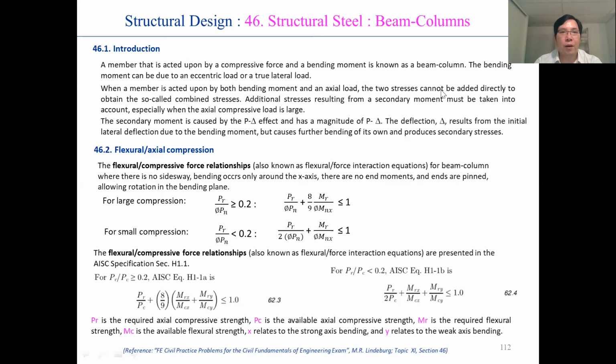So in this part, I show you some equations for the calculation of axial compression. This equation is applied for large compression, and this equation is applied for small compression.